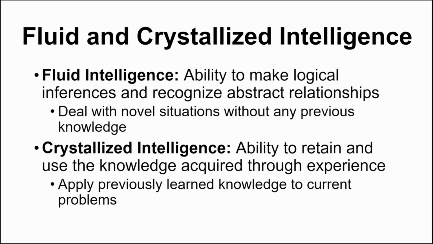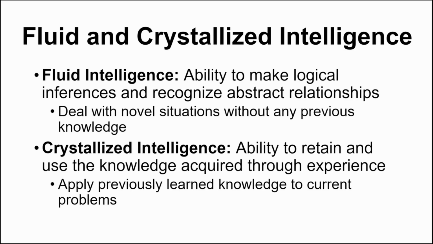In contrast, our crystallized intelligence is something that typically improves as we get older. And this is because this is our ability to make use of stuff we've learned through experience. So, our ability to retain and use knowledge that we've gained as we've encountered situations in the past.